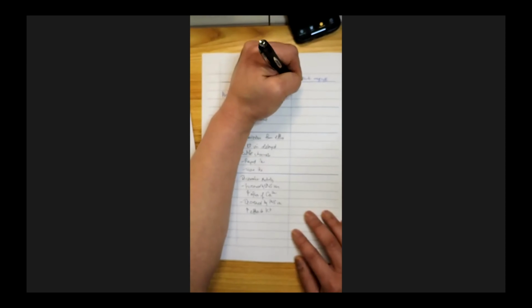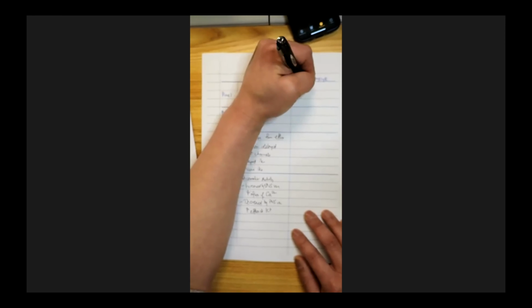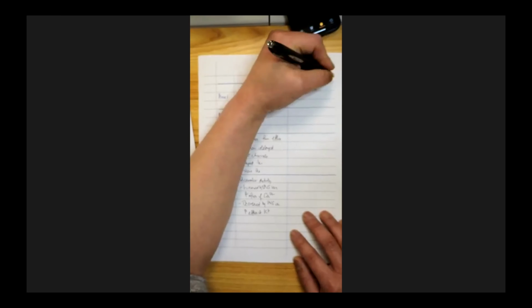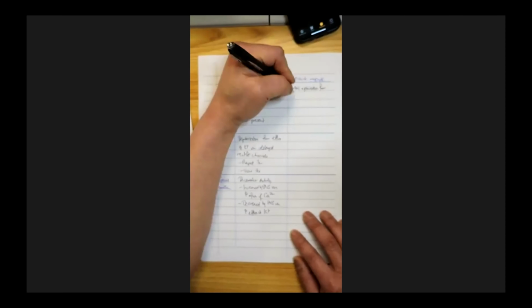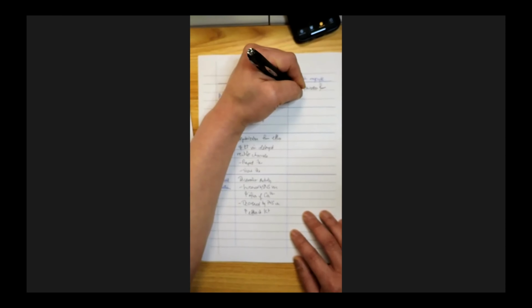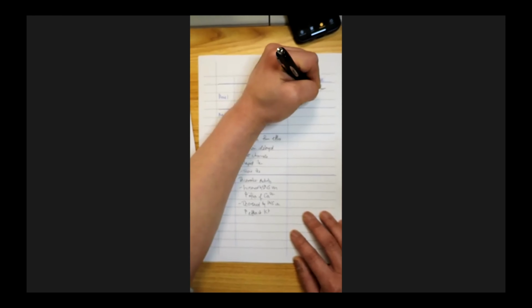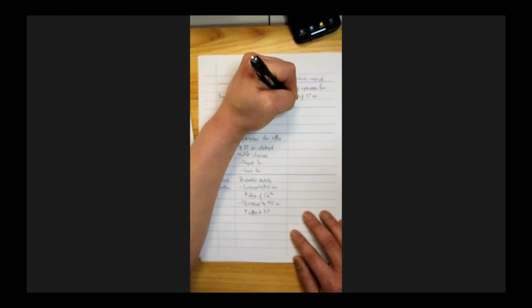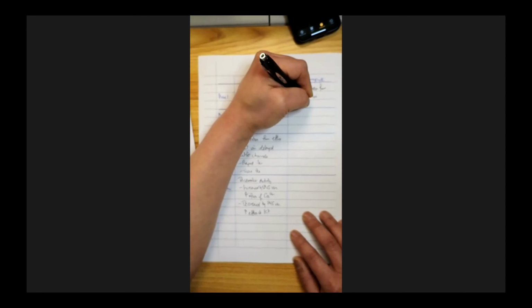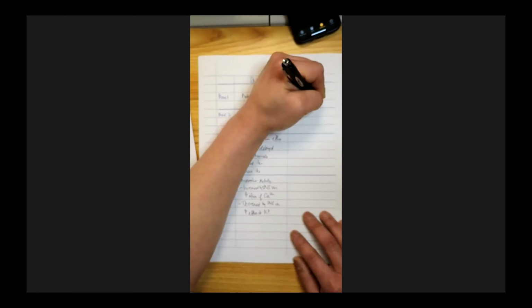Phase 1 is due to partial repolarization from efflux of potassium via transient outward channels.